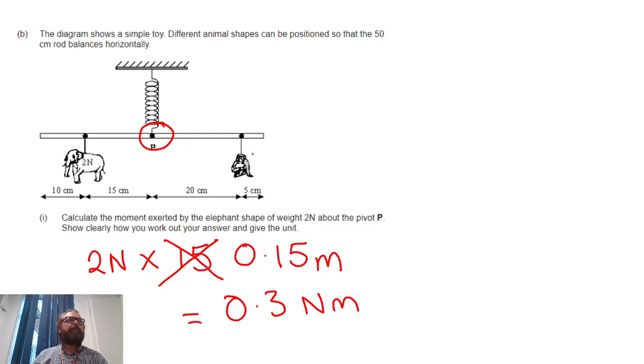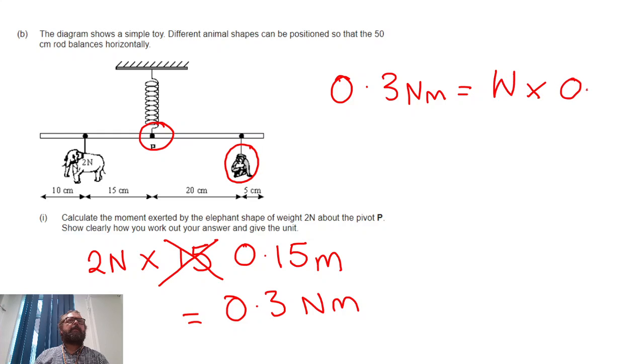The question could go further and ask what the weight of the monkey is. What do we know? We know that the anti-clockwise moment is 0.3, and that has to be matched by the weight of the monkey multiplied by its distance from the pivot in meters.